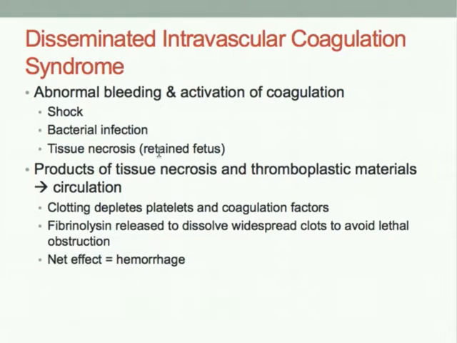So there's going to be a huge amount of energy put into forming very large clots all throughout the body. It's going to deplete platelets, deplete coagulation factors because it's everywhere and it's widespread. In hospitals, fibrinolysin is released to dissolve widespread clots so that there's no lethal obstruction.